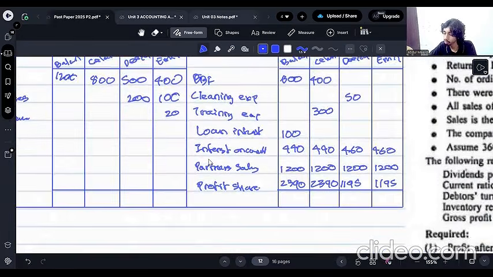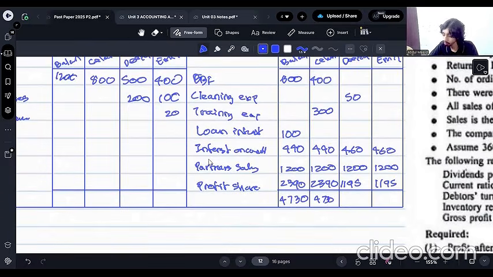600 plus 100 plus 440 plus 1,200 plus 2,390, 4,730. Then 400 plus 300 plus 440 plus 1,200 plus 2,390, 4,730.